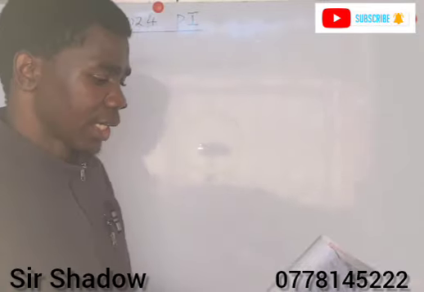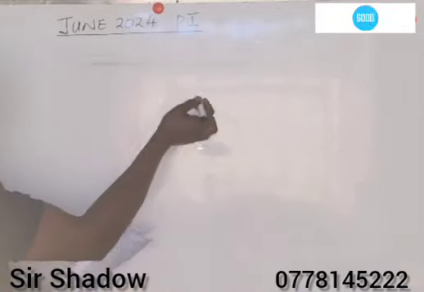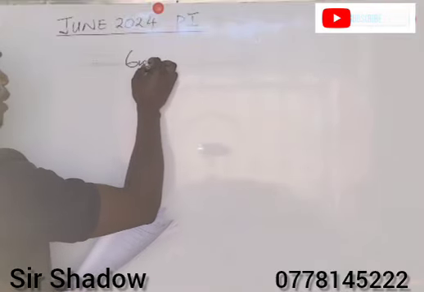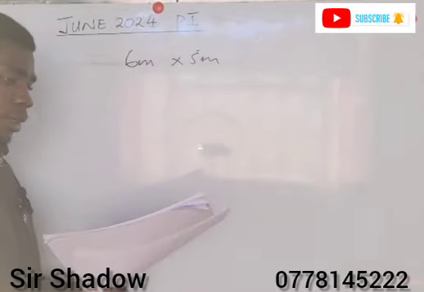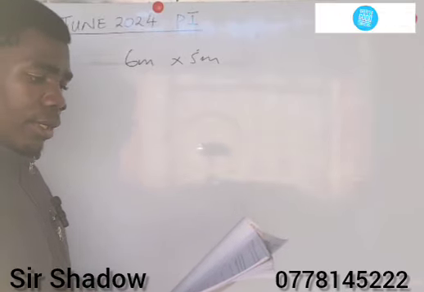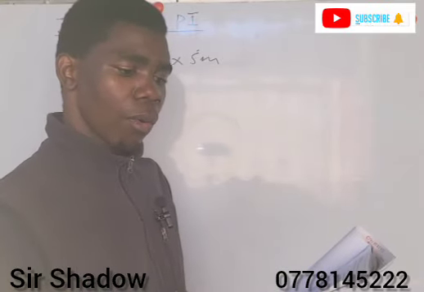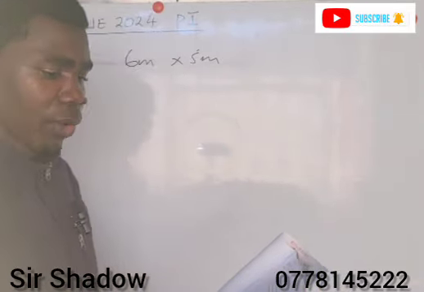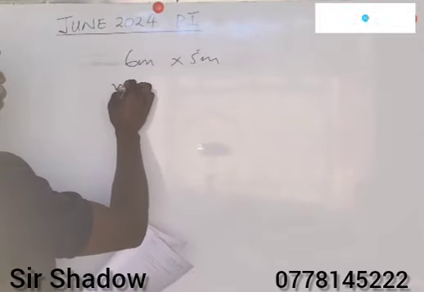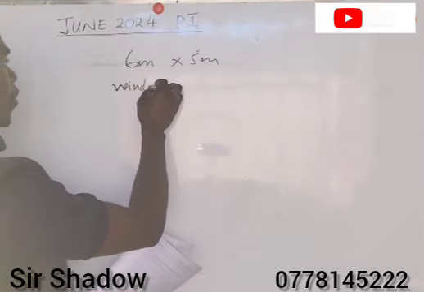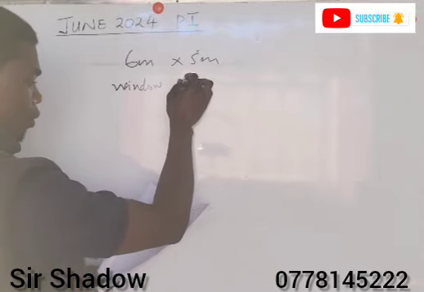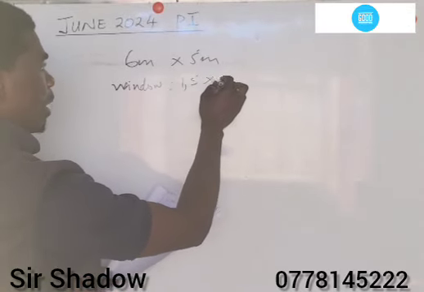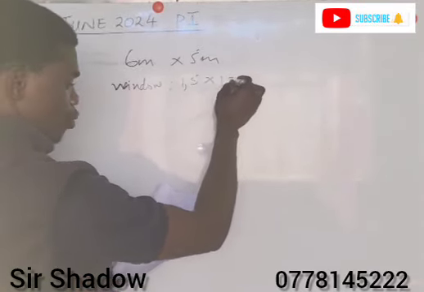So you have a rectangular wall measuring 6 meters by 5 meters, and on that wall, a window measuring 1.5 by 1.2 meters.